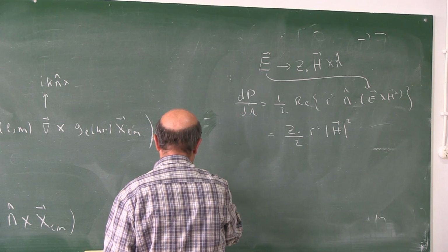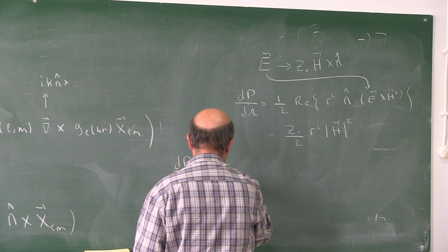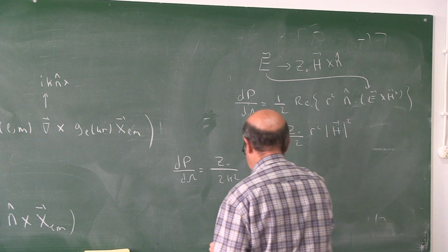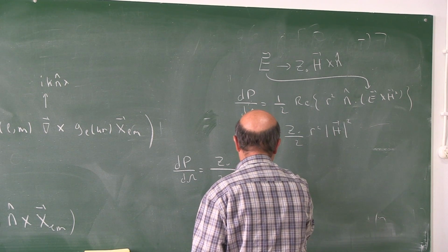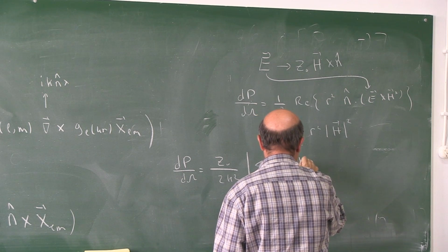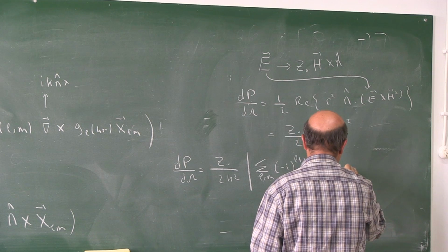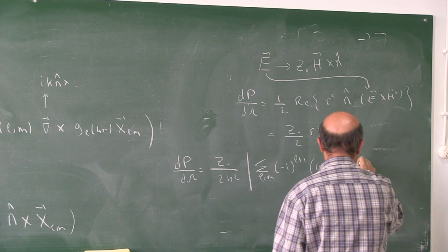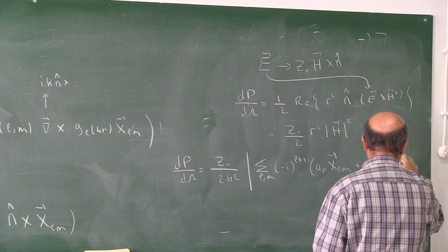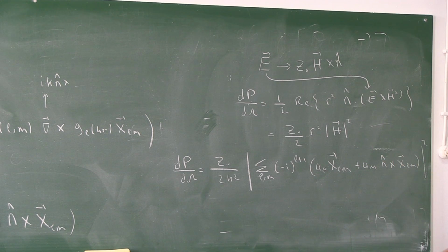The power emitted per solid angle will be Z0 over 2k squared, the r squared terms cancelled, summation over L and m of e to the minus i L plus 1 A_E X_Lm plus A_M n cross X_Lm, squared.